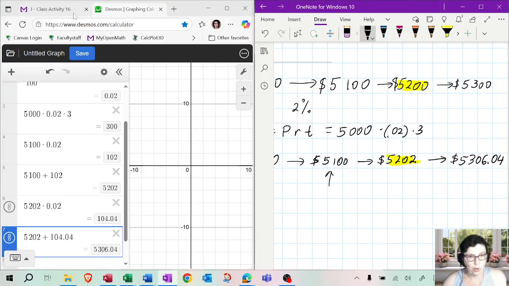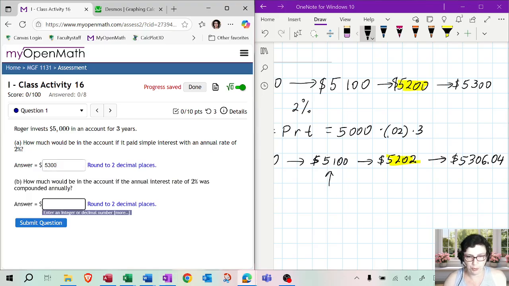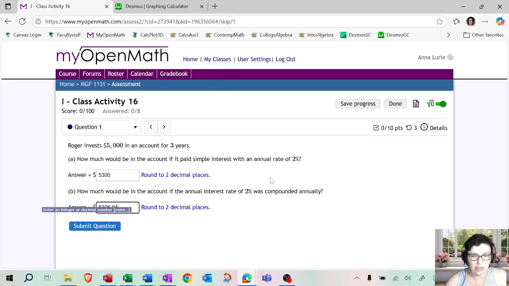If you compare them, which one is better? This one is giving you 5,300, but this one gives you 5,306.04. So it looks like the compounding, even though it was only done twice, at the end of each year, does give you an advantage.